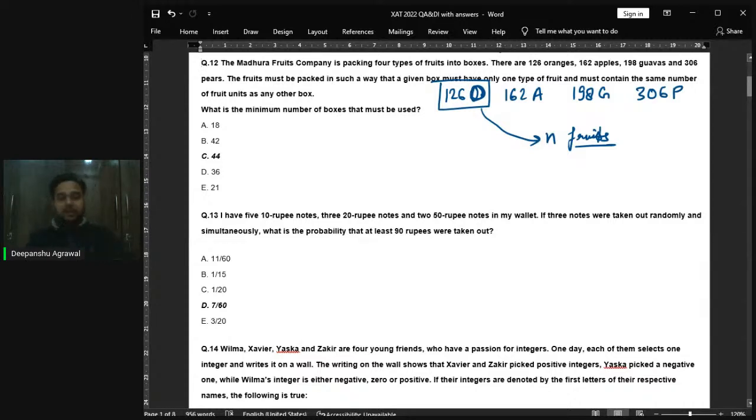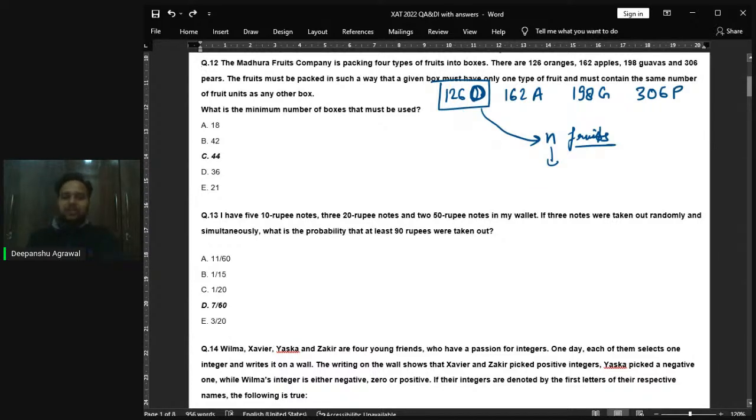So if suppose the value of n is 2, then 126 is completely divisible in groups of 2, 2, 2, right? Again, if the value of n comes out to be 3, then 126 is completely divisible in groups of 3, 3, 3, right? Because it's a divisible number.